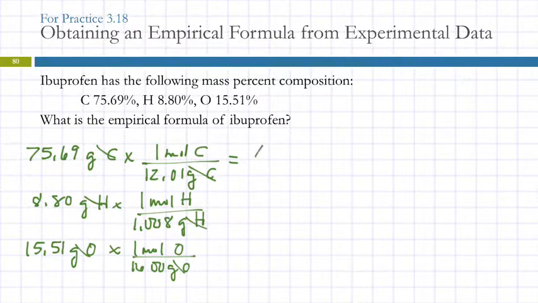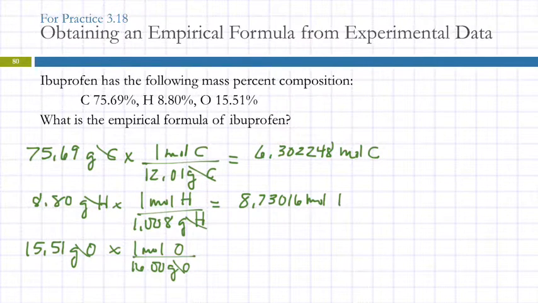So the first one I get 6.302248. Sometimes I just write numbers down on these until I feel like stopping. Just too many is much better than not enough. This one comes out to 8.73016 moles of hydrogen.